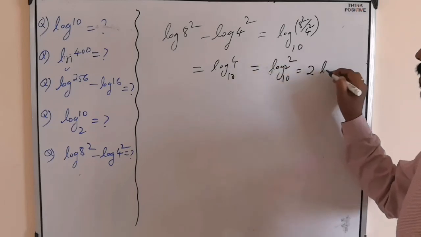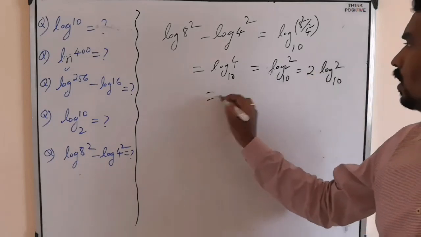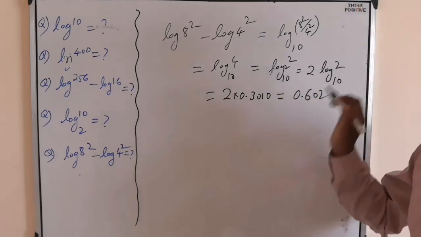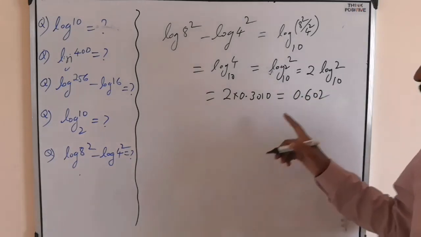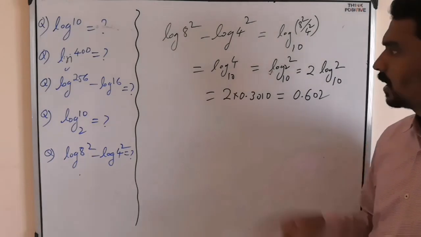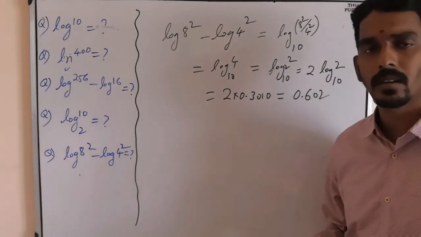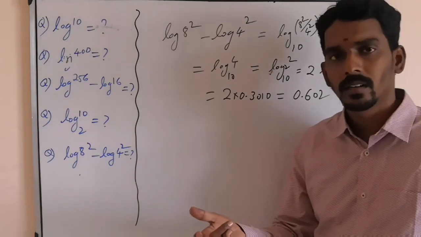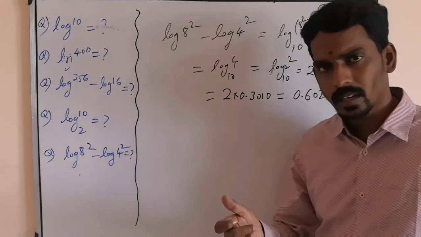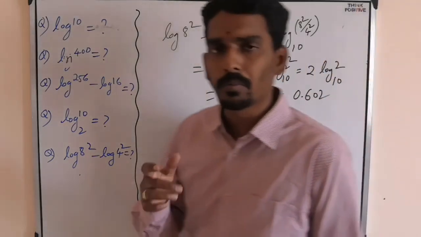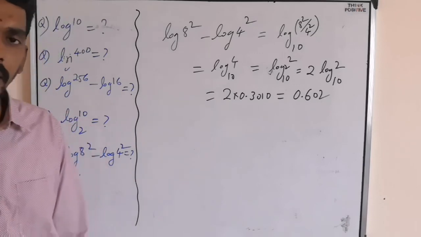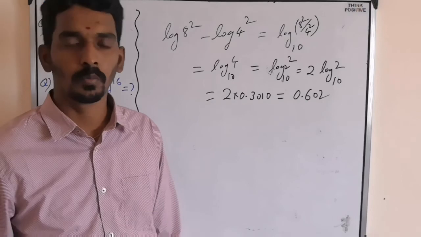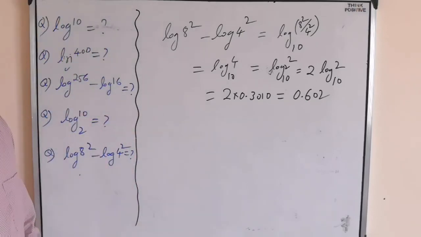With 2 square, the 2 becomes a multiplier: 2 into log 2 base 10, so 2 into 0.3010 equals 0.602. Simple multiplication. But this manipulation always takes a major and important role in solving. Manipulation of one equation, manipulation of formulas, connecting the formulas always takes a major role in solving physics, that too using mathematics. So please take care of such things.